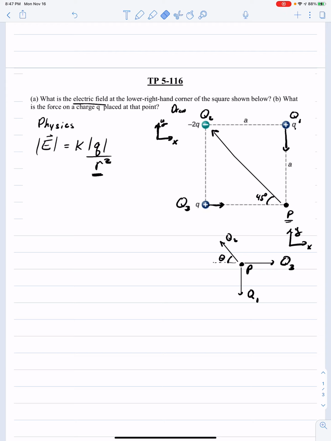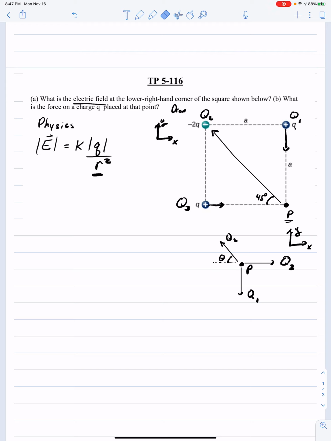It's not forces. I have to remember that. It is the electric field lines that we're solving for. And you would have to solve for the electric field in the x direction and the electric field in the y direction. Because you can do that, the summation of that will give you the net electric field in the x and an electric field in the y direction.